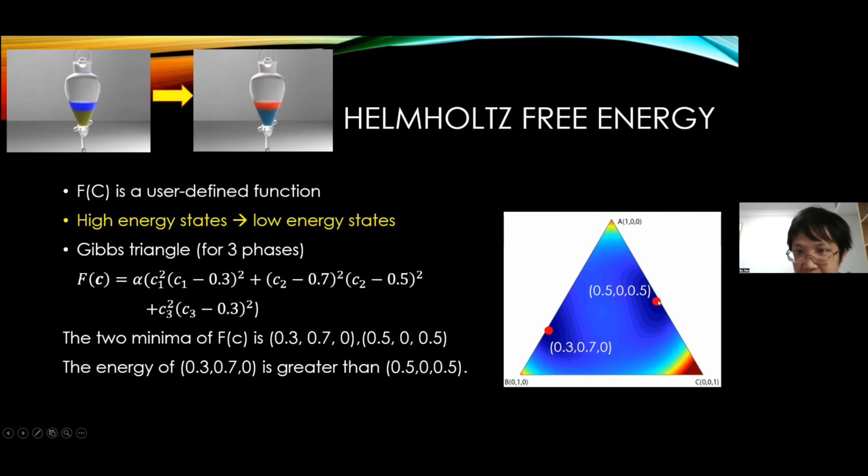On the right, we can see that there are two local minimums, which are the red dots, and the global minimum is at the 0.5, 0.5 state. So we can predict that the final state will be this one.